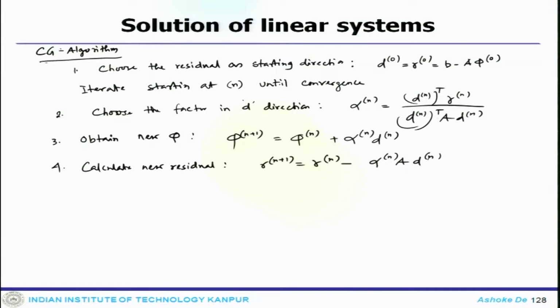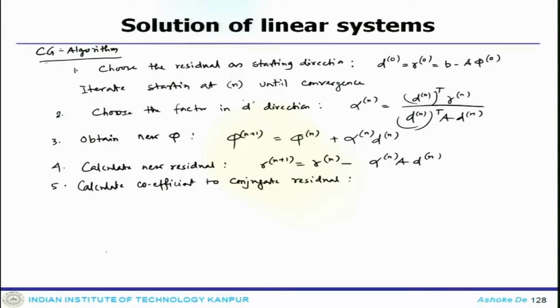That is how you calculate the new residual using the new value of the variable phi, and then one has to calculate the coefficient to conjugate the residual.